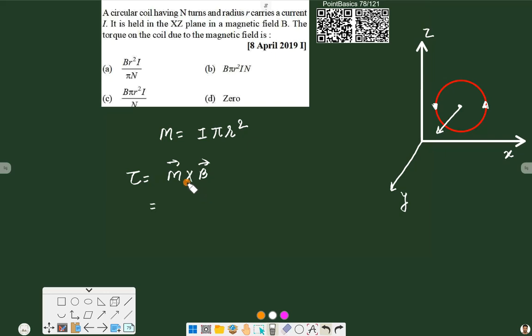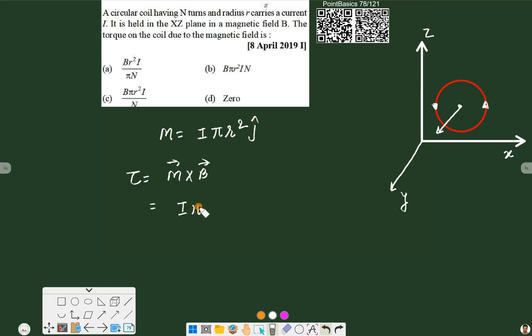So now, in the question, I think the direction of the magnetic field is not mentioned. Okay, here we have a direction, as we assumed it is counterclockwise, so its direction is j.